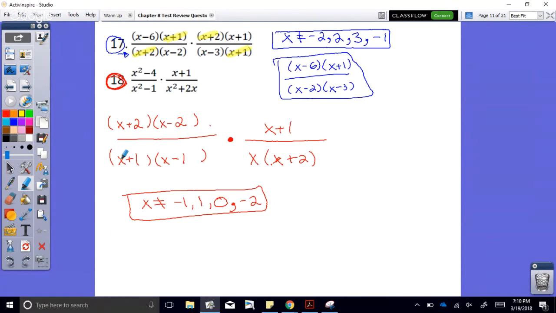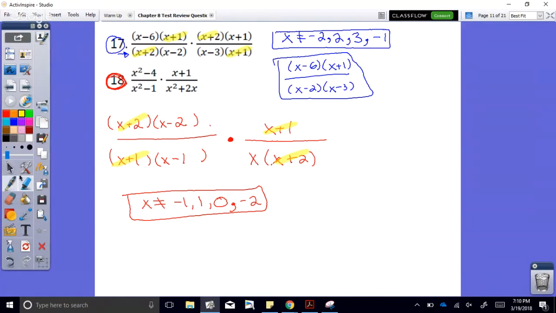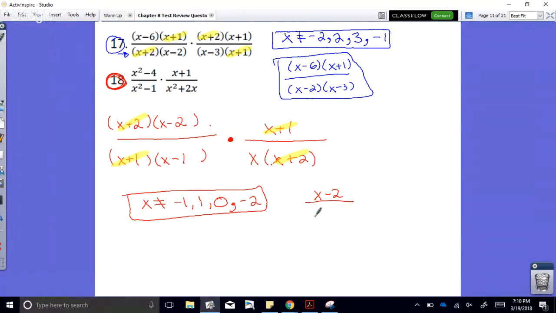If we skim, I've got an x plus 1 in top and bottom I can get rid of. I've got an x plus 2 on top and bottom I can get rid of. So that leaves me with an x minus 2 in the numerator, and an x times an x minus 1 in the denominator.